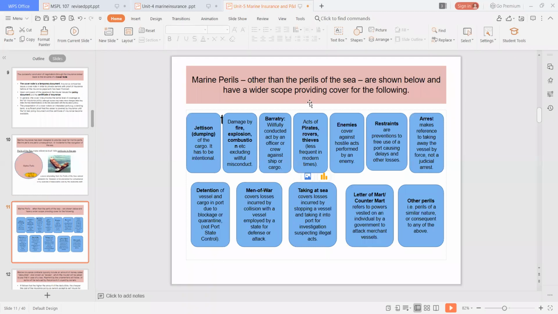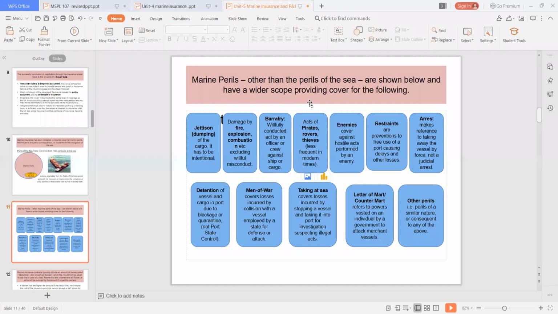Marine perils other than the perils of the sea are shown below and have a wider scope, providing cover of the following. See that various things will be here. Jettison, dumping: jettison of the cargo has to be intentional. See that, what do you mean by jettison, dumping. Damage by fire, explosion, combustion, etc., excluding willful misconduct.